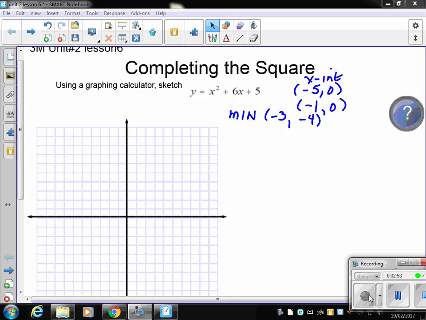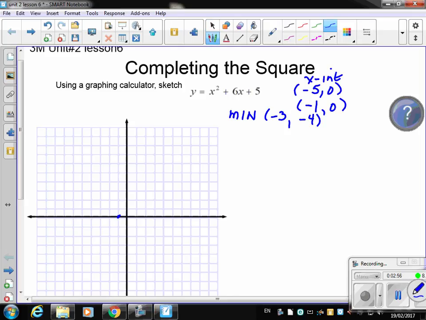So to draw a sketch from that information, I have an intercept here, negative 5, minimum value of negative 3, negative 4, and I know it opens upward, and I also know, because there's no a value there from my previous understanding of transformations in the first unit, that I open a normal pattern, over 1 up 1, over 2 up 4, bingo, over 3 up 9, and that would be the look of my parabola.